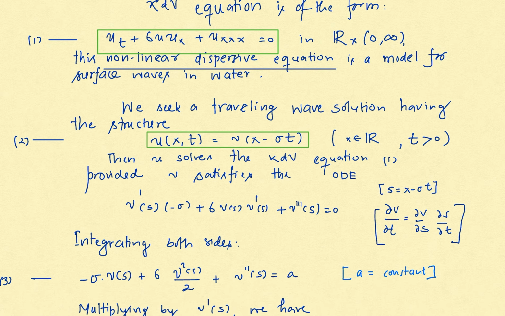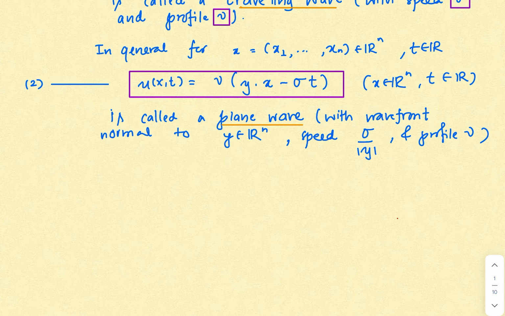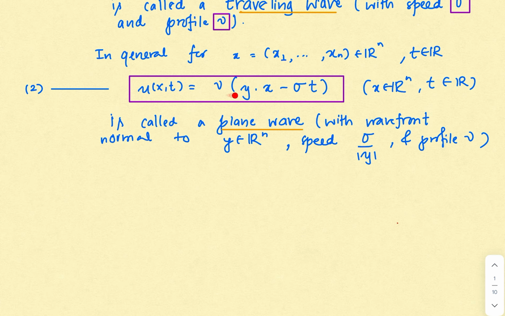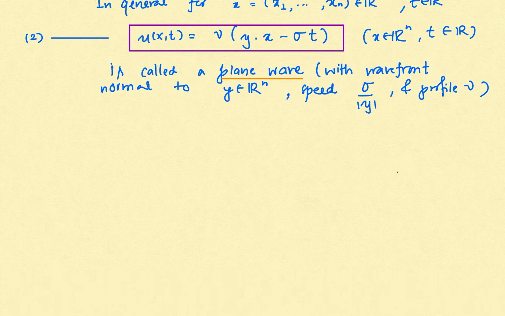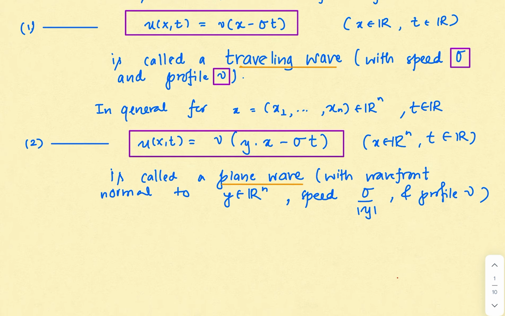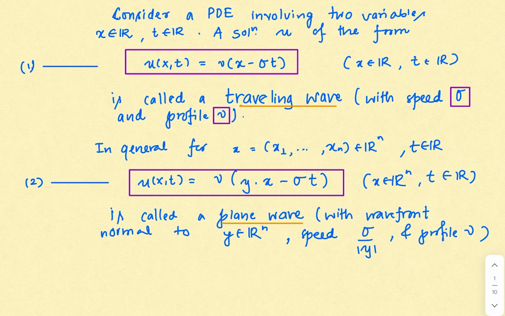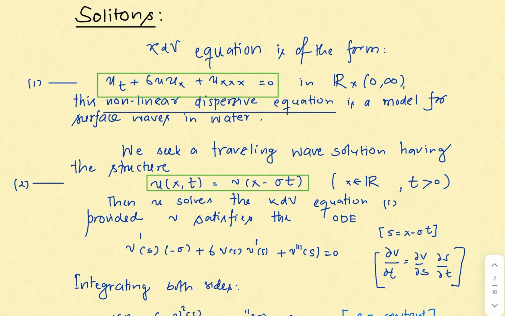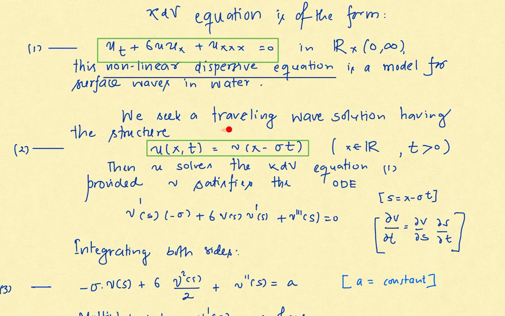Now we seek a traveling wave solution having the structure that we discussed above. So we are seeking a plane wave solution, a traveling wave, of the form u(x,t) equals v(x minus sigma t).